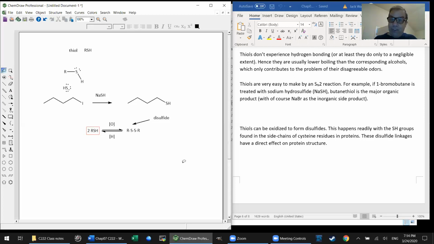And that's going to have profound effects on the structure of proteins. It's not something we're going to emphasize much. We'll talk about proteins also, but again, our stress is going to be on thinking of proteins from the perspective of an organic chemist. You'll get to all the biological function in your biology classes.